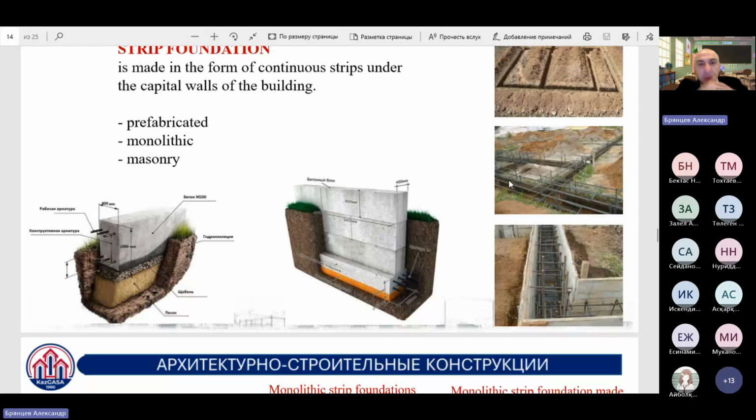The construction is sped up but requires lifting machinery. So the first advantage is the speed, but the disadvantage is that it requires special lifting cranes. Monolithic, also called cast in place with reinforcement, provides the highest strength, but in comparison with the precast one requires more time for curing.